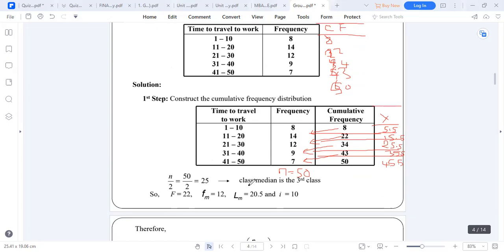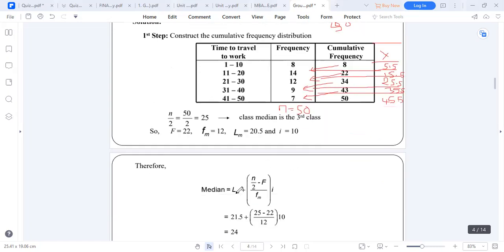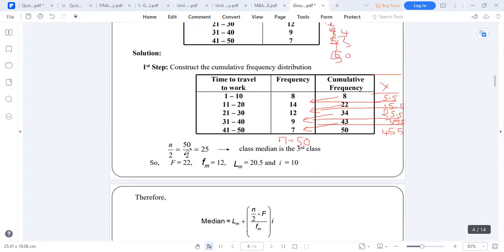The median is given by the lower bound. So first you start with n over 2. 50 over 2. What is 50 over 2? 25. So 25, you look for a number here between which 25 will lie. The number that first exceeds 25. So it's not 22, it's 34.